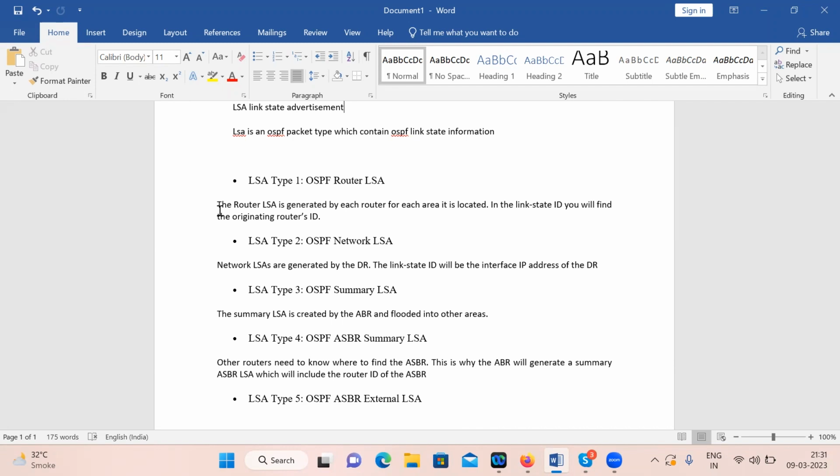For example, if your router belongs to area 1, then for area 1 it will generate a type 1 LSA.